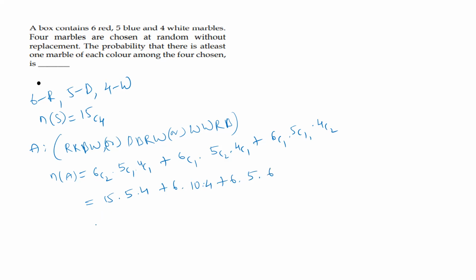Okay. Overall, in this, what can I take common? I can take 12 common. How is 12 common? This you can write as 3 into 5 into 5 into 4, 6, we can take 2 into 3, 10 into 4. 6 means 2 into 6, remaining 5 and 3.